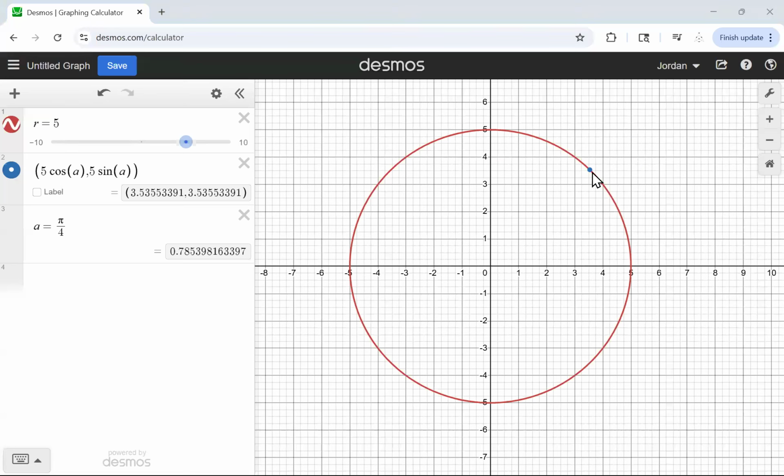So here's the circle of radius 5 drawn in Desmos, r equals 5. There's the point, 3.54, and again about 3.54. So that's the point right there. You can see that the line tangent to this point on the circle should have slope pretty close to negative 1.